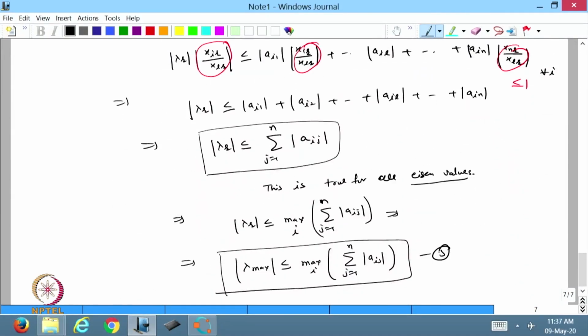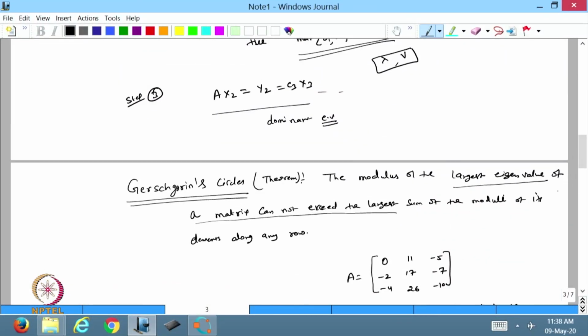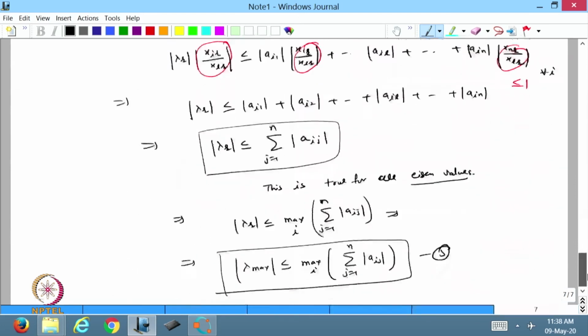So, from the fifth we can say that whatever we want to show, that the modulus of the largest eigenvalue of the matrix cannot exceed the largest sum of the corresponding row sum. So, in this case I am taking the modulus of each element in the row, and then I am taking the summation, and then we are taking the maximum of all this summation.